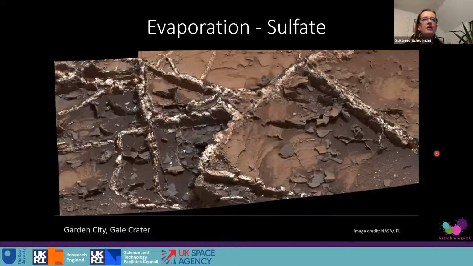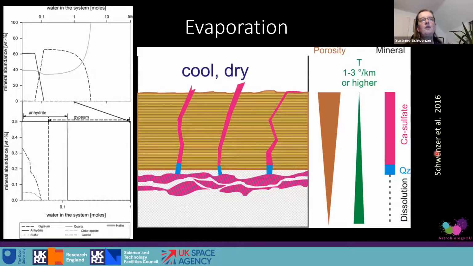You can do evaporation. We found a lot of sulfates on Mars. And when you do evaporation with that fluid, you've got a problem. And that problem is you've got a fluid that contains a lot of silica. I said earlier, silica is always in an overabundance in these fluids. So you would get something that is a dirty sulfate, which especially initially wasn't observed.